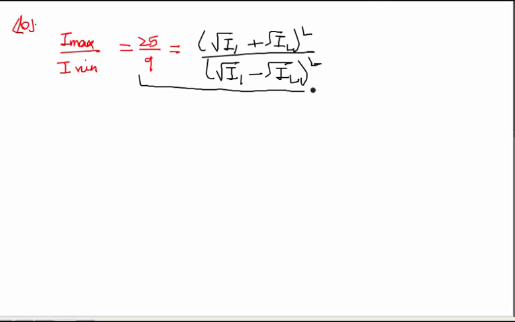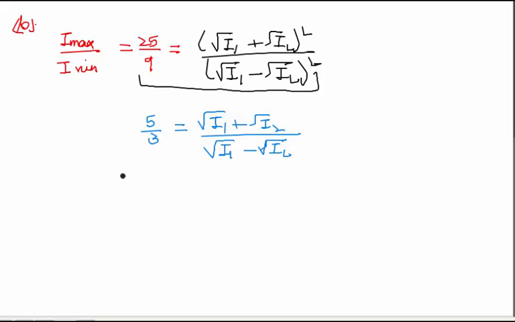So mathematically, to find the ratio of I1 and I2, we can take the square root on both sides. We will get 5 upon 3 is equal to root I1 plus root I2 upon root I1 minus root I2.